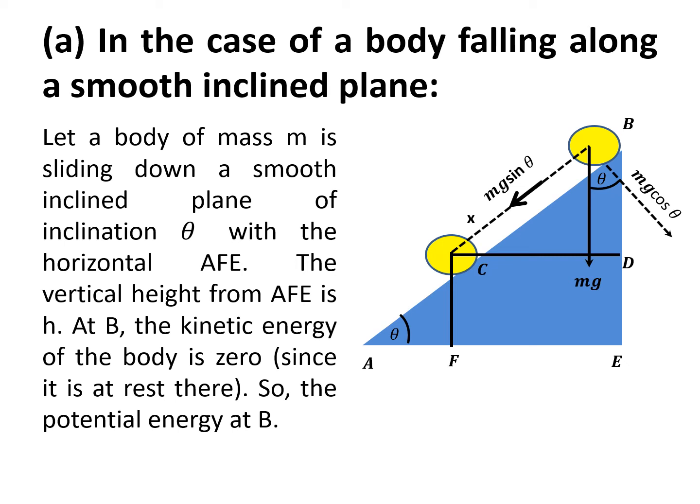At B, the kinetic energy of the body is 0. So what will be the potential energy at B? Can anybody say what the potential energy at B is? It is mgh.